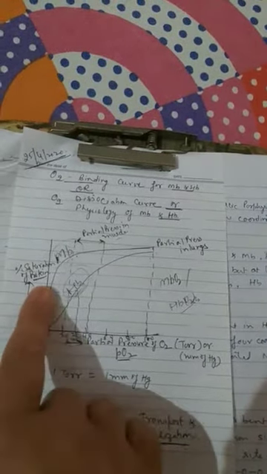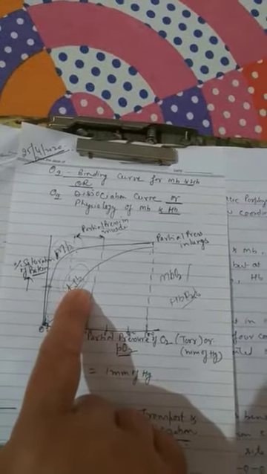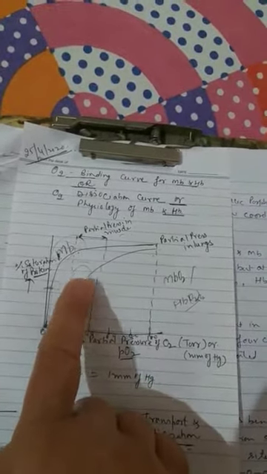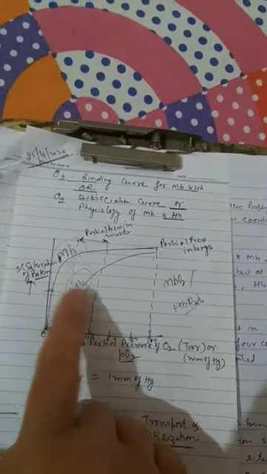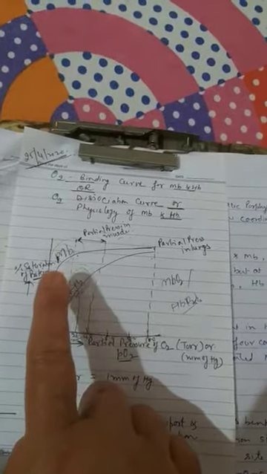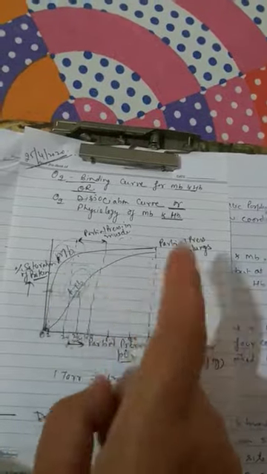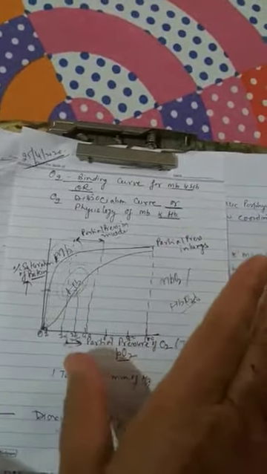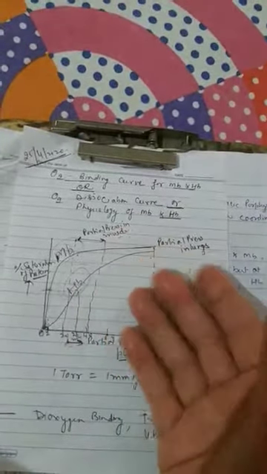Where only 2 millimeter was required to saturate 50% of myoglobin, 26 millimeter will be required to saturate 50% of hemoglobin. So this shows that hemoglobin has a very low affinity for oxygen, and it also releases the oxygen molecule readily as compared to myoglobin.